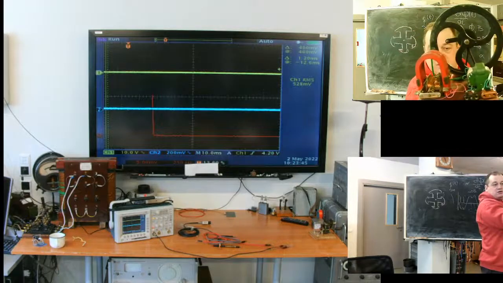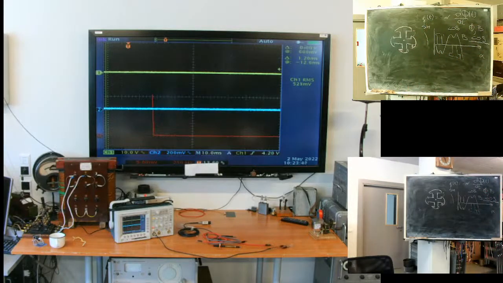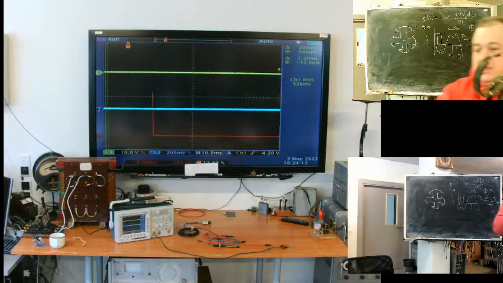Can you see the rotor? I have one demo generator. This one.